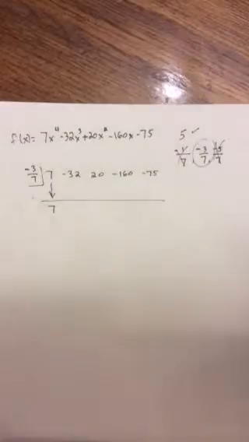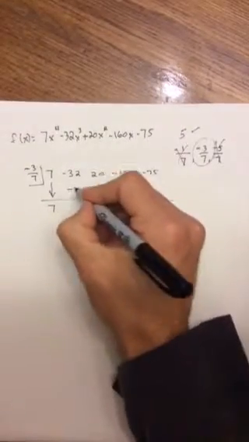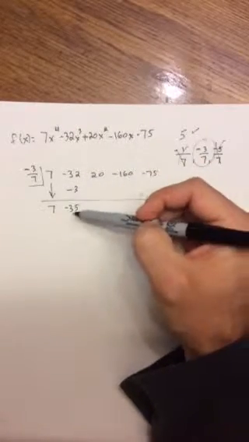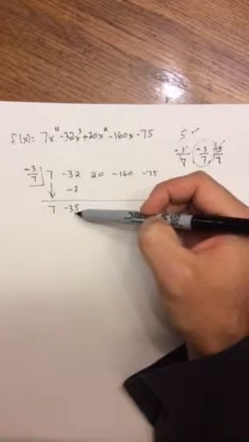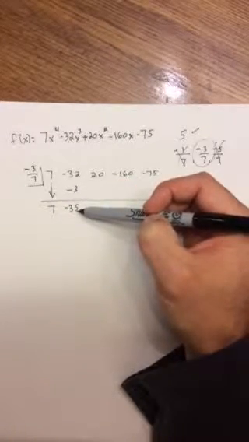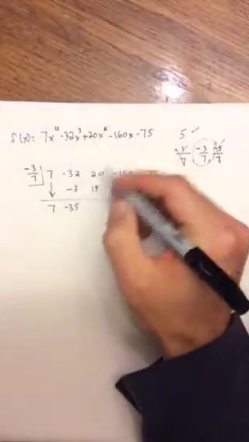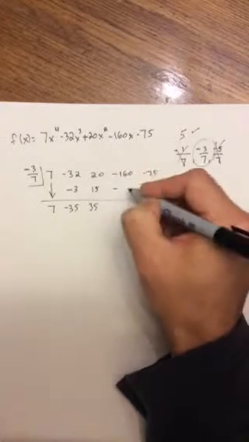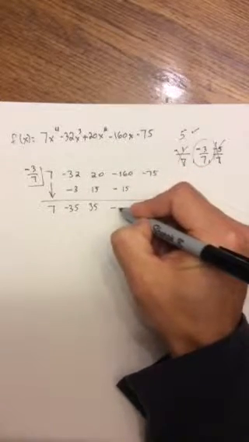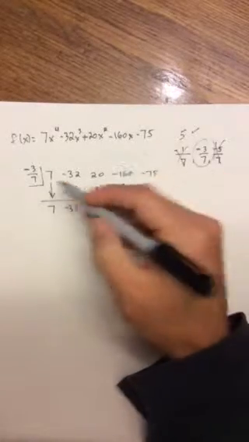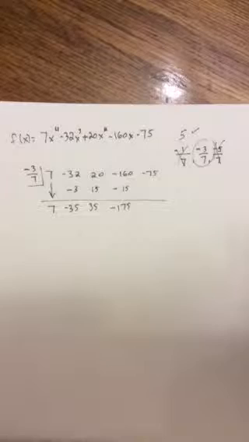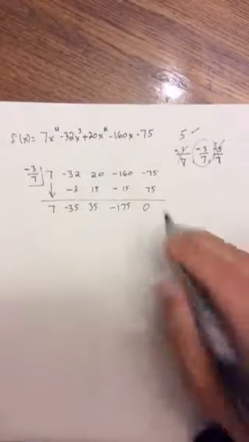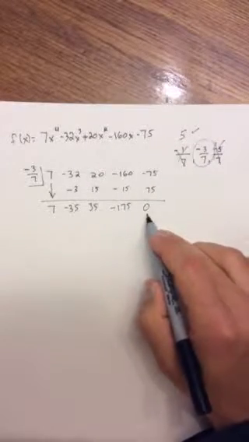Drop the 7. -3/7 times 7 should be -3, which would add up to -35. -3/7 times -35, well, negative times negative is a positive. 7 goes into 35 5 times, 3 is 15. I'm back at 35 again. This time it's going to be a -15, which would be a -175. Negative times negative is a positive. Let's double check. 175 divided by 7 is 25 times 3, 75. So not a shocker. We knew that that was going to be a remainder of 0.